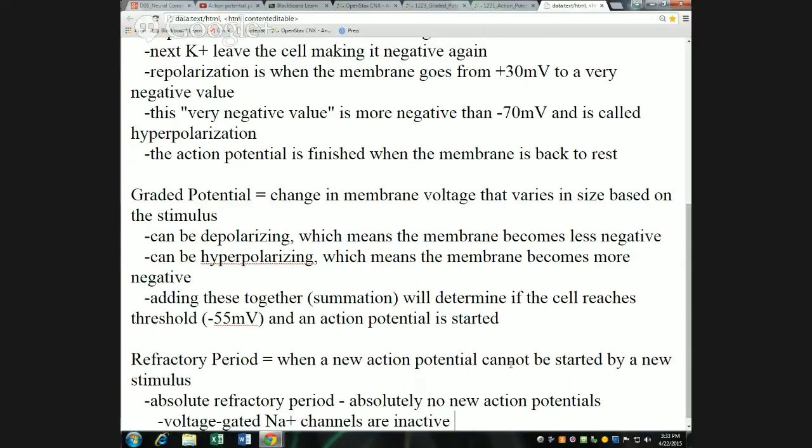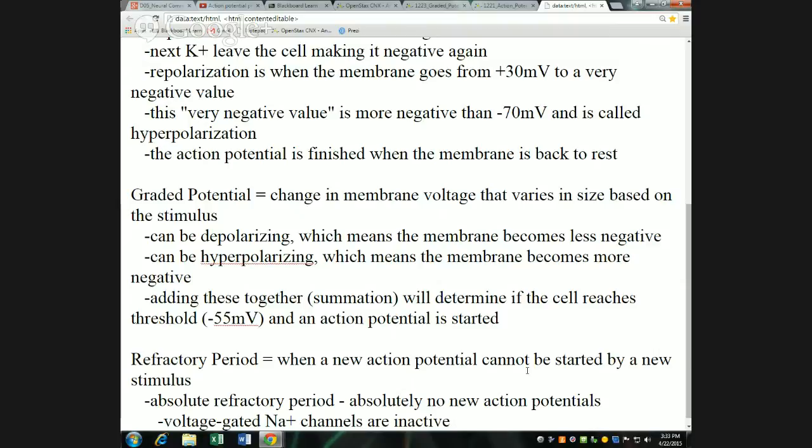When that second gate is closed, when it hits +30, we call that channel inactive. It's in fact called the inactivation gate, and so sodium can't move through it at that point. If sodium can't move across the membrane, we're not going to get another action potential. Absolutely. We have to have the sodium.